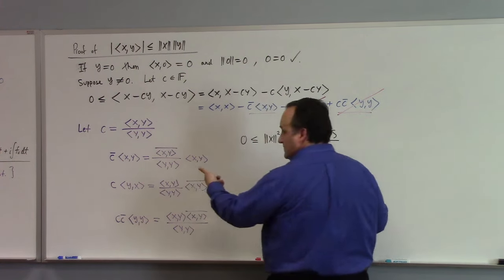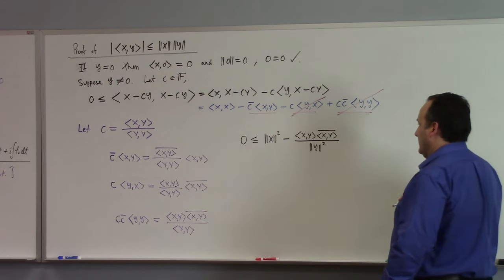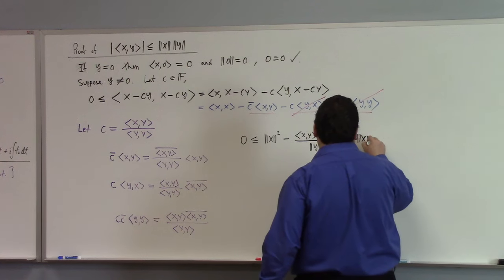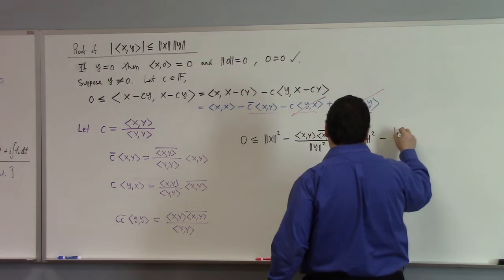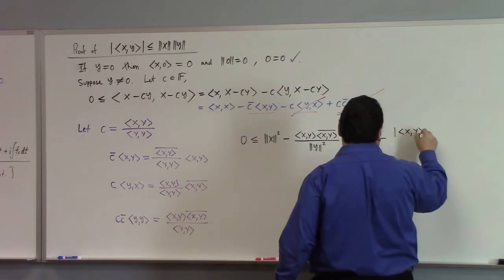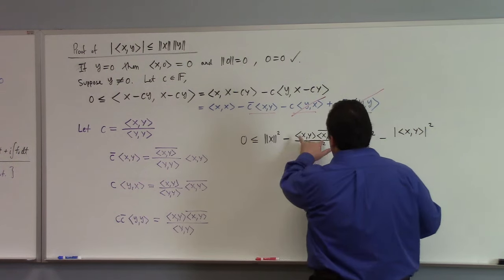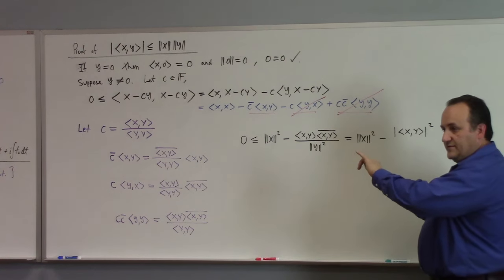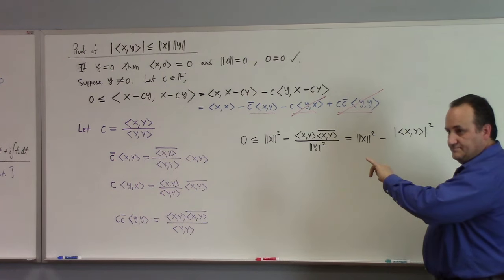That's what this is. But by the way, that is straight up equal to the length of x squared minus the modulus of xy squared, because a complex number times its conjugate is the modulus squared of the complex number.